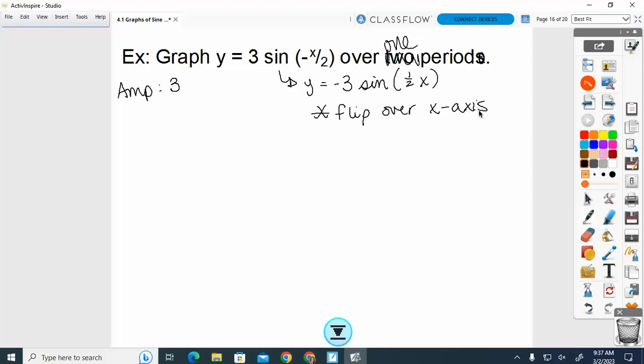Okay. My period is 2 pi divided by the number in front of x, which is 1/2. So 2 pi divided by 1/2, if you flip and multiply, is 4 pi. How do we find the count by?